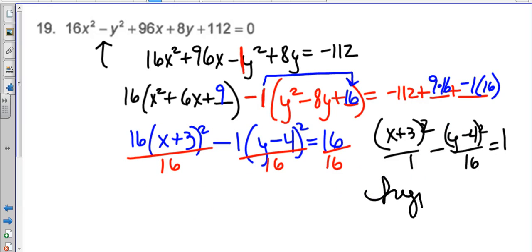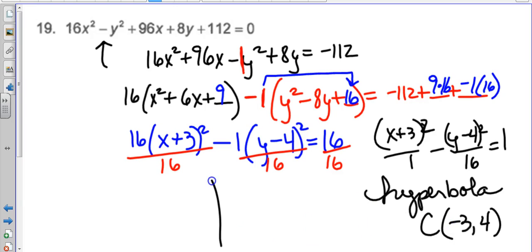So it is a hyperbola. Its center is where? Yep, h, k is at negative 3, 4.